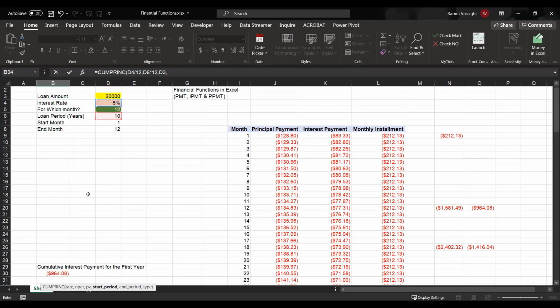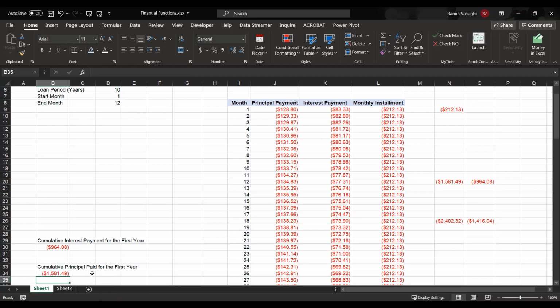And then we're looking at the start period for the first year. Since we're looking for the first year, it starts month 1, ends in month 12, and we're paying at the end of the period, close parentheses, enter. Principal paid is $1,500. And I checked that one here for us, just taking the addition of all the principal payments for the first 12. We put that one here to see if it is correct.